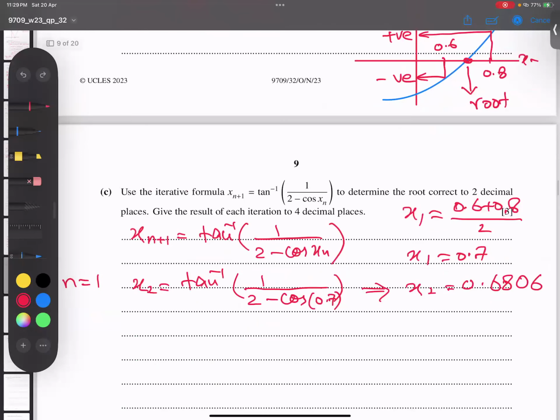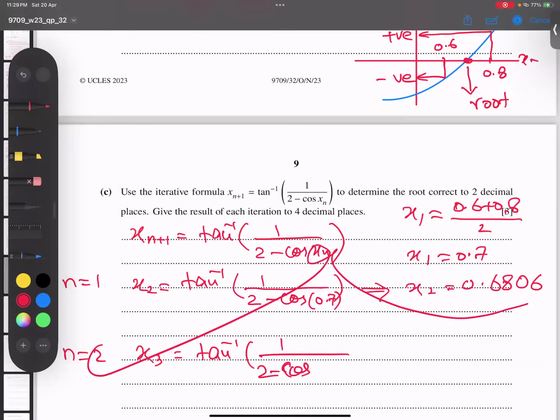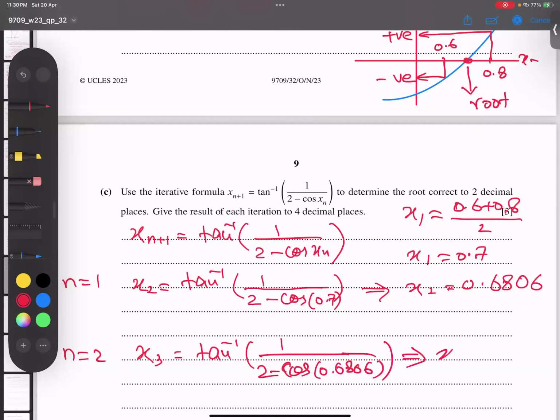And now, student, I will plug in n equals 2. I get x3 equals tan inverse of 1 over 2 minus cos of x2, and x2 is 0.6806, so I write this value directly. I type again in the calculator, and my answer is 0.6855.